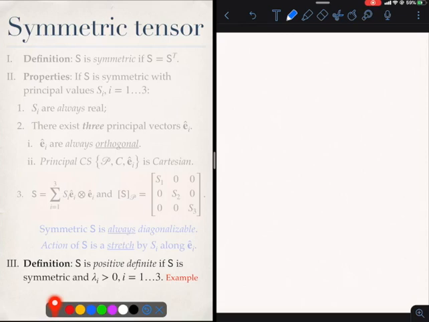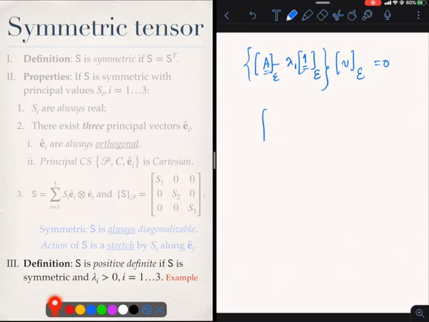So let's go back and do the usual computation to find V1 and V2. To do that, we have to look at A minus lambda 1 times the identity, and solve this equation. Right, that's how you solve for the principal vectors.